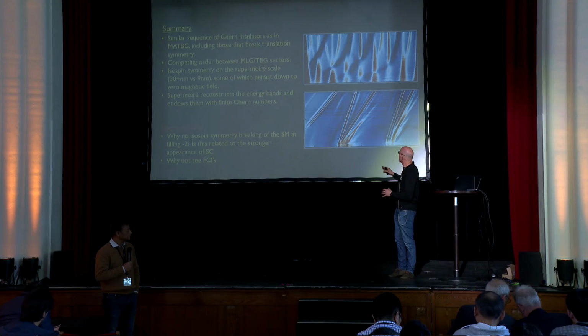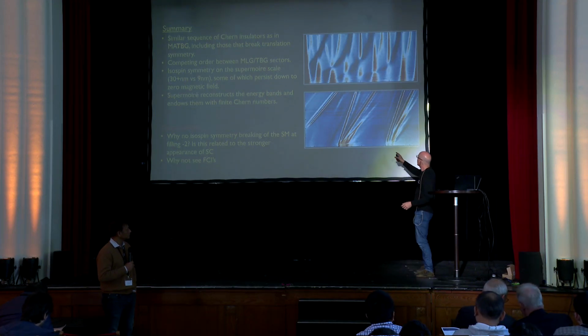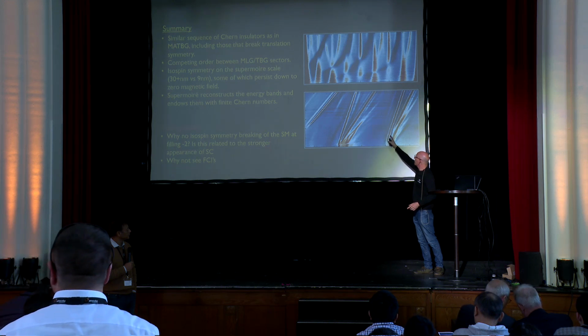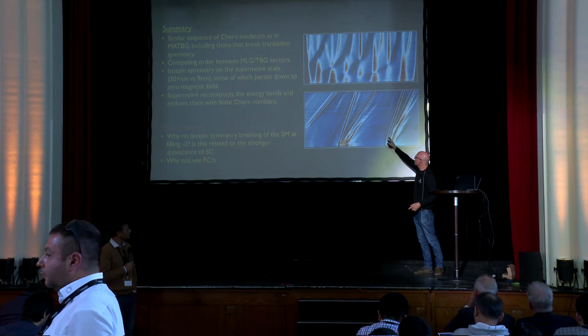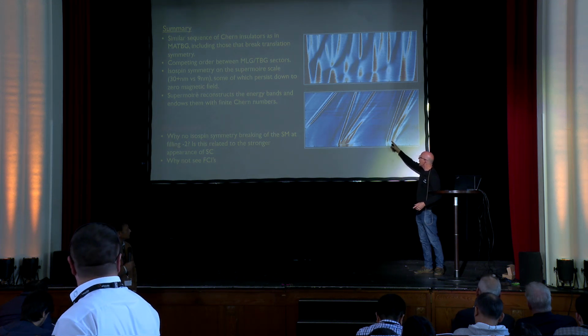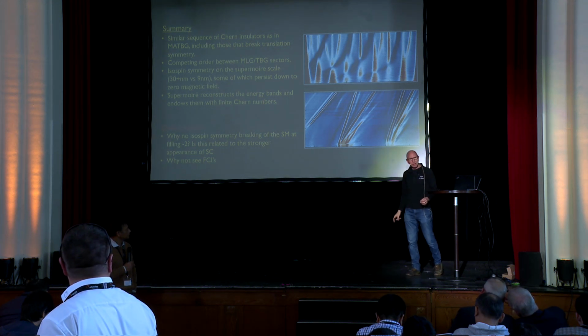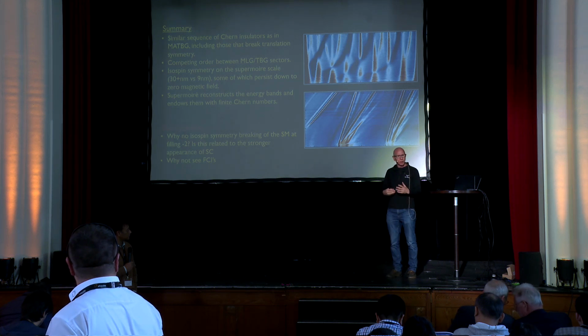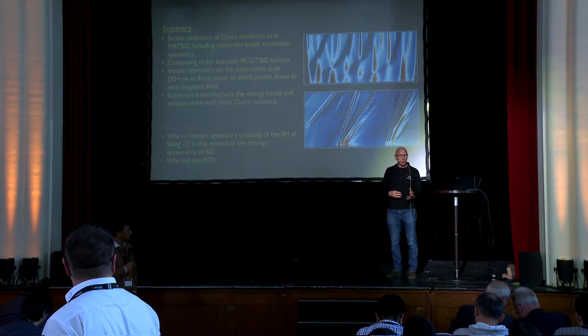And I didn't have time to talk about this, but you can see that these incompressible features, they kind of stop going along a straight line and they break down at low magnetic fields. This also has to do with the competition between the Dirac and flat band electrons.